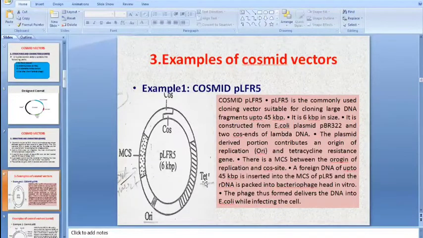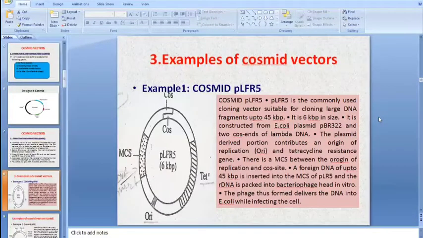And of course here in this example, instead of ampicillin, there is another antibiotic resistance site, that is tetracycline resistance site. So this example, cosmid pLFR5, is the commonly used cloning vector suitable for cloning large DNA fragments up to 40 kilobase pairs.